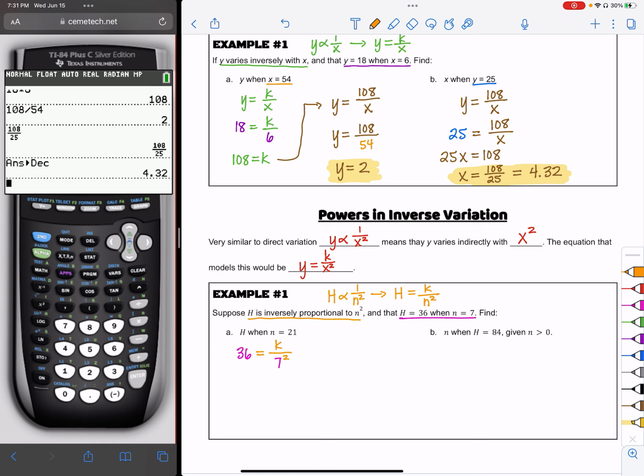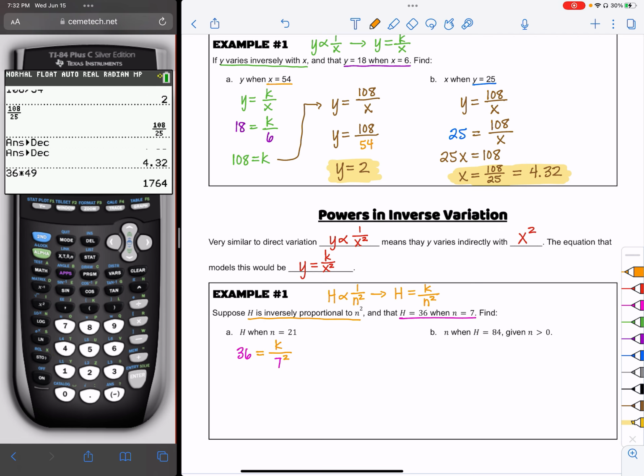In order for me to do that, I already know that 7 squared is 49. If I multiply both sides by 49, I know that 36 times 49 is equal to 1,764. So 1,764 is going to be equal to k here.